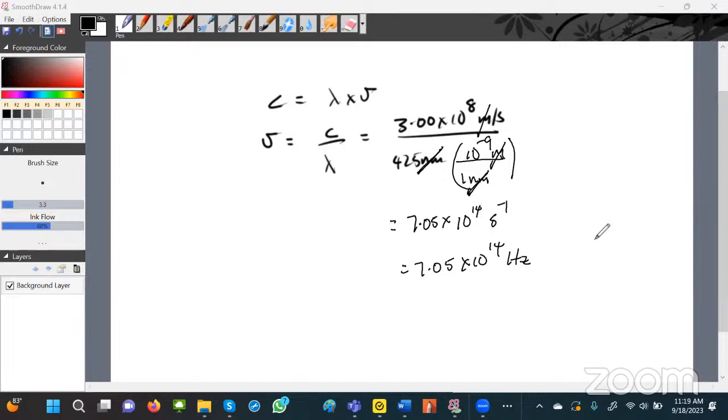So a couple of things I want to point out here. What you'll find in each of these questions in part A, so we'll be focusing on part A for now, is that you have to ensure that the units are compatible, right? If, for example, you have a nanometer unit expressed for the wavelength, you have to convert it to meters because the units for the speed of radiation, c, is in meters per second.